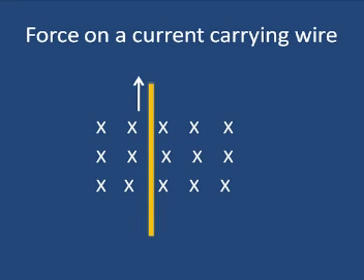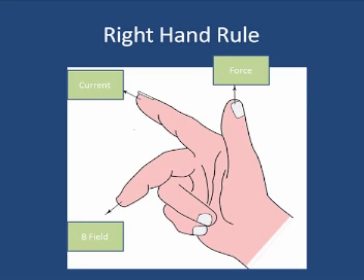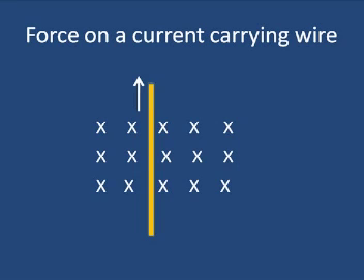Next, if I have a wire with a current in a field, there's a force on it. It's really pushed. And the way to find the force is a right-hand rule. Your index finger points in the direction of I, index, current. Your middle finger is the magnetic field, M, middle, magnetic field, and your thumb is in the direction of the force. And that's what the right-hand rule is for which way it's pushed.